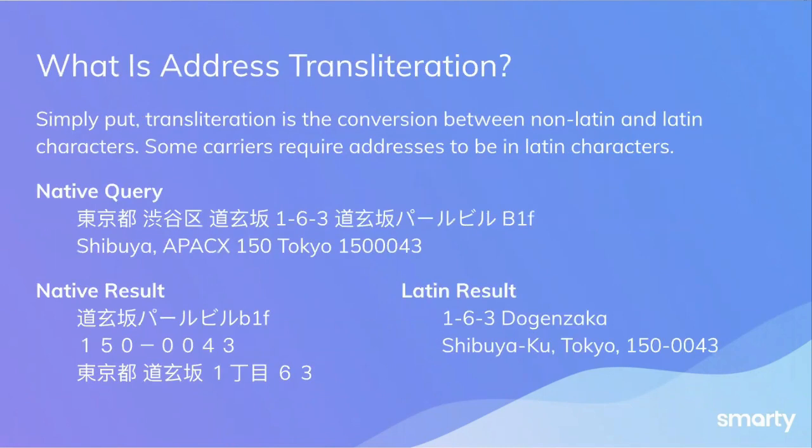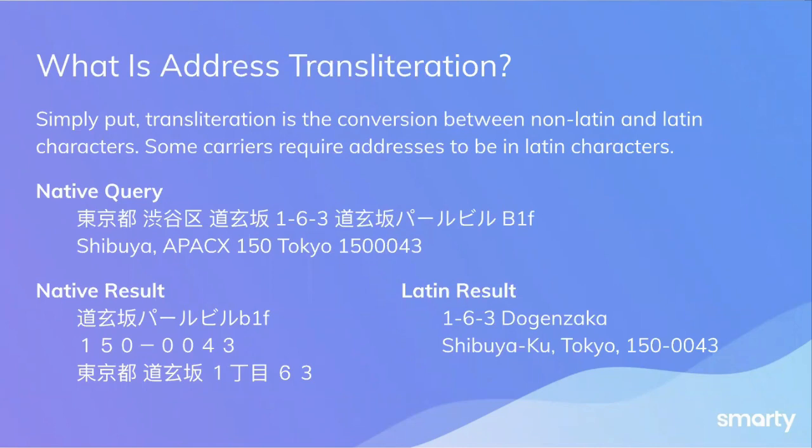So transliteration. It's a very tricky thing to accomplish on the back end. Hopefully we make it transparent enough that you don't necessarily have to worry about it. But what is transliteration? It's basically taking words and converting them from a native form, which in this case is Japanese kanji and hiragana and katakana, and converting them to Latin characters.